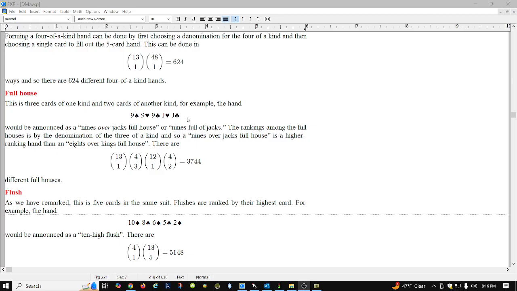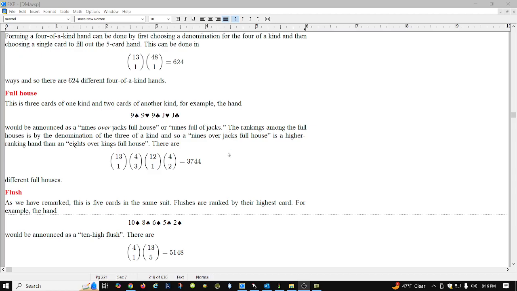You say the 3 of a kind denomination first, or you could say 9 over jacks full house. Colloquially, you will hear people say 9s full of jacks. Some people call these full boats. I don't know where that term came from. I never use it.